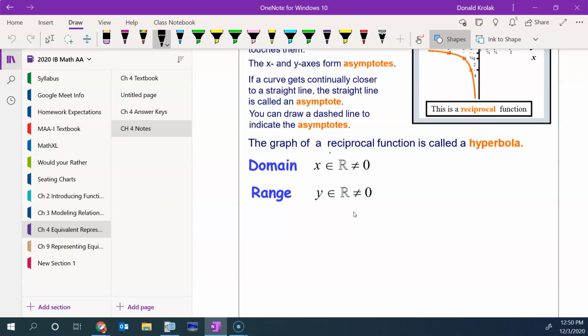This funny looking E, this funky symbol, just means is a member of or is an element of. And this fancy looking R is the set of real numbers.